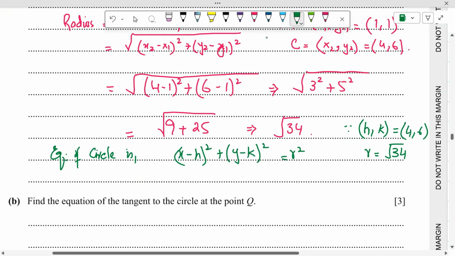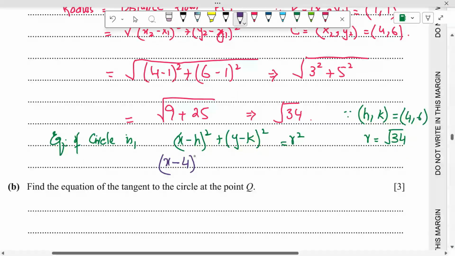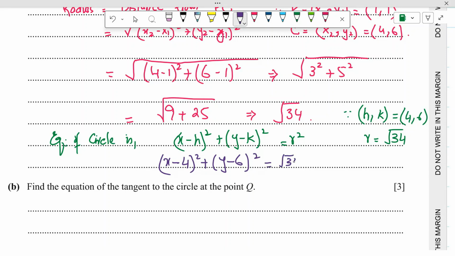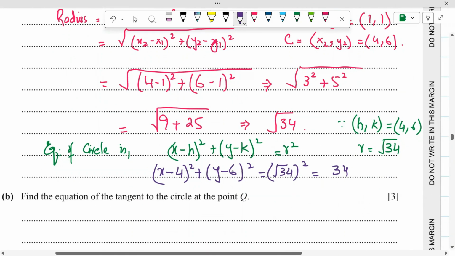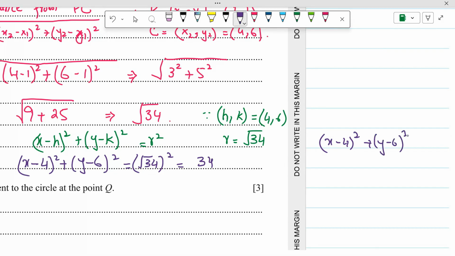So plugging these values, we will have (x minus 4) whole square plus (y minus k, meaning y minus 6) whole square equals the square root of 34 squared, which is equal to 34. So we can say that the equation of the circle is (x minus 4) whole square plus (y minus 6) whole square equals 34. This is the required equation of the circle.